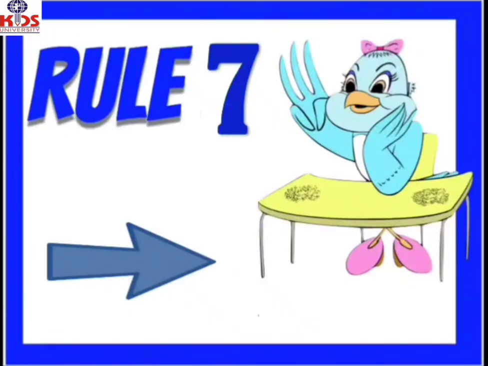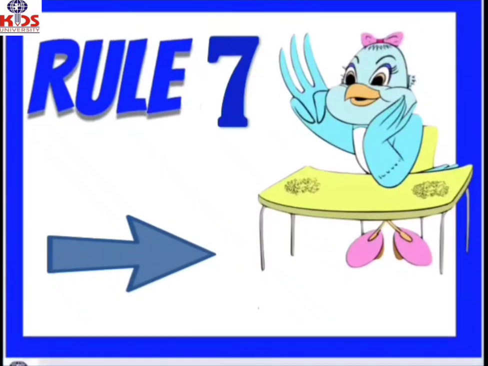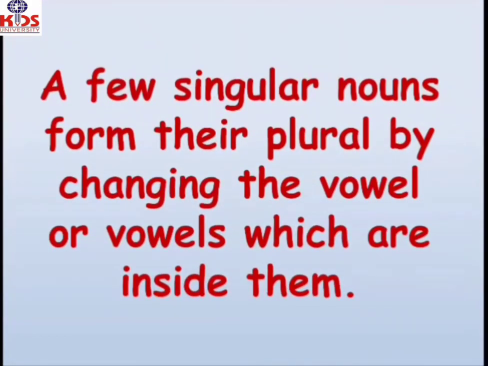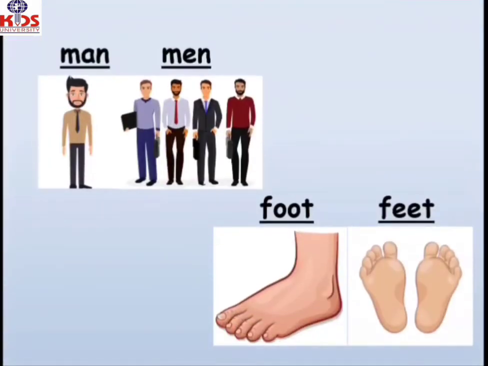Rule number 7. A few singular nouns form their plural by changing the vowel or vowels which are inside them. For example, the singular form man, M-A-N, is changed into men in its plural form. We will write it as M-E-N, men.